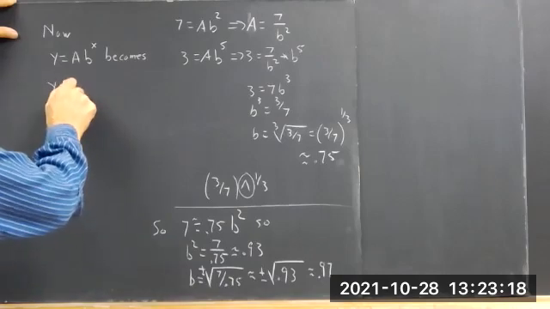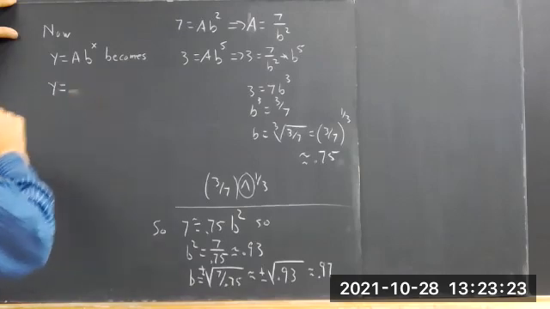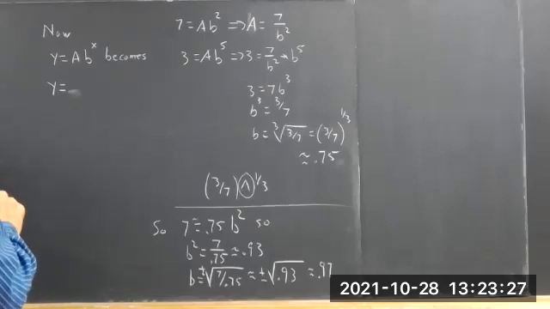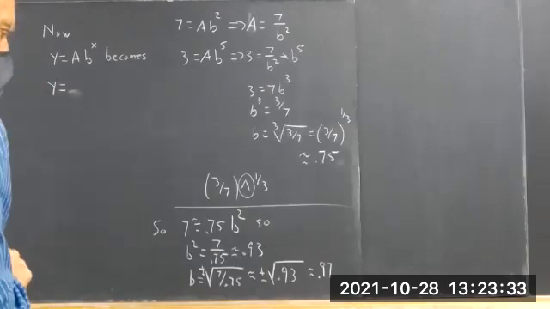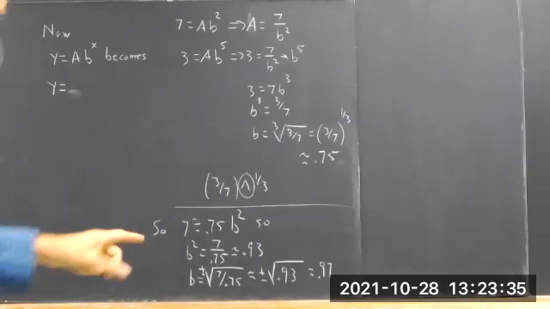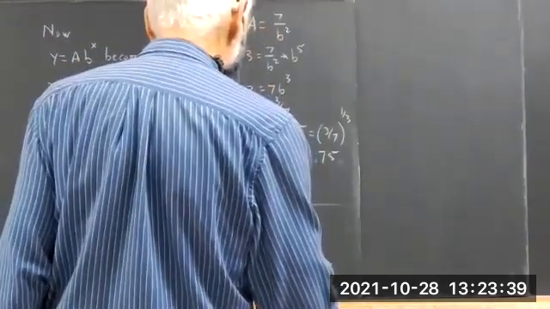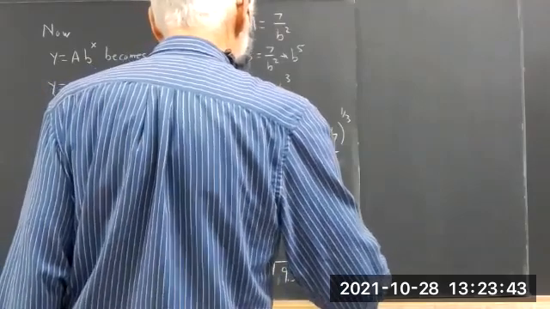It doesn't seem like it's going to be right. Oh, never mind. That's not right either. Okay, first of all, 7 over 0.75 is not 0.93, it's like 9.3. The square root of that is about 3.1.